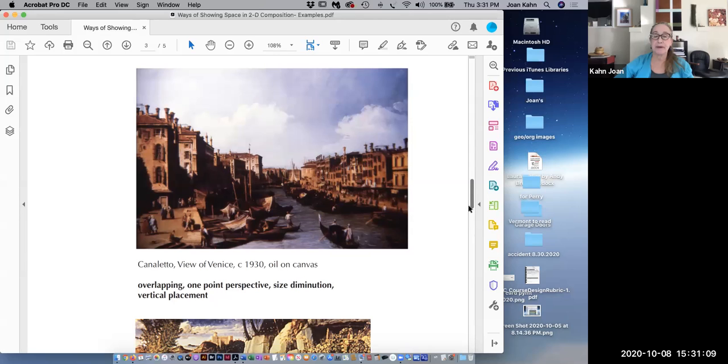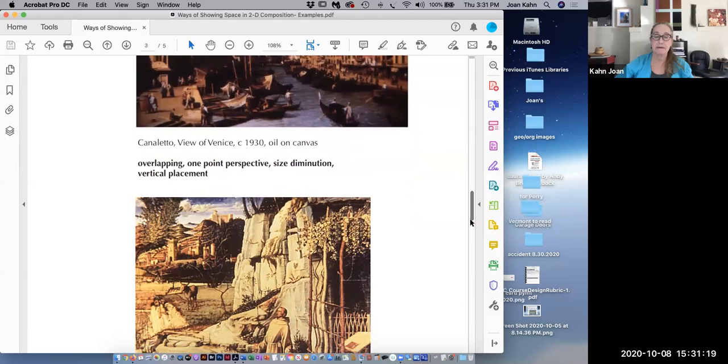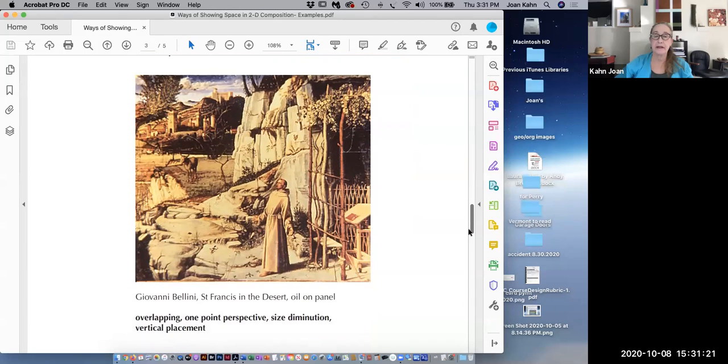Canaletto, who was a painter in the early 1700s: overlapping, 1-point perspective, size diminution, and vertical placement. Finally, we have true Renaissance perspective in this painting by Bellini: overlapping, 1-point perspective, size diminution, and vertical placement.